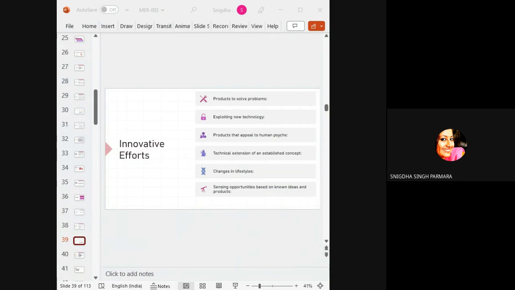Bring some change in the lifestyles of people, right? For instance, processed foods could be replaced by fresh foods and vegetables. You see, there are a lot of vendors on Swiggy and Zomato these days which provide fresh fruits and exotic fruits to people. Sensing opportunities based on known ideas and products.